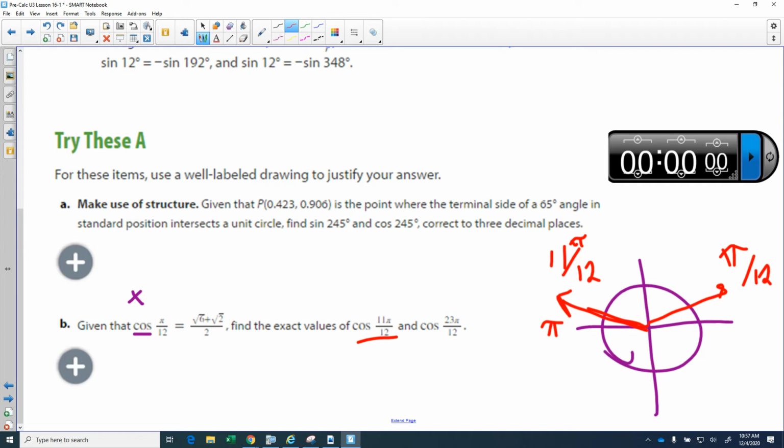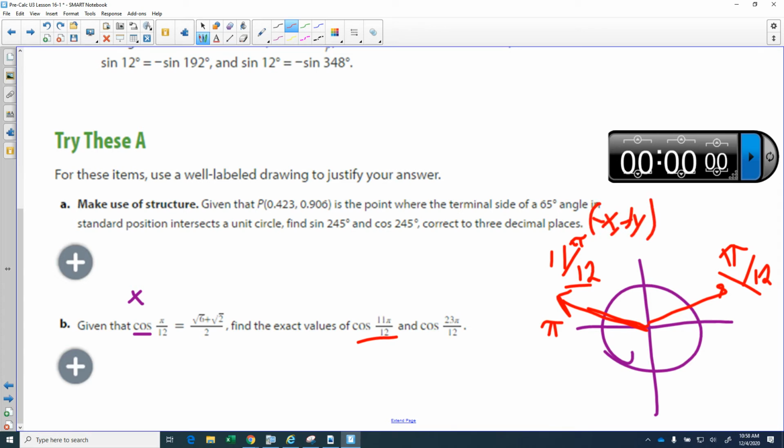On top of that, if you notice, look at how it references each other. Notice how these two relate. If I were to combine this value with this value, I would be at pi, correct? So by referencing those, I can then look at the actual coordinate and say, okay, well, how does this relate back to my original problem? Well, if I think about this quadrant has a negative x and a positive y.